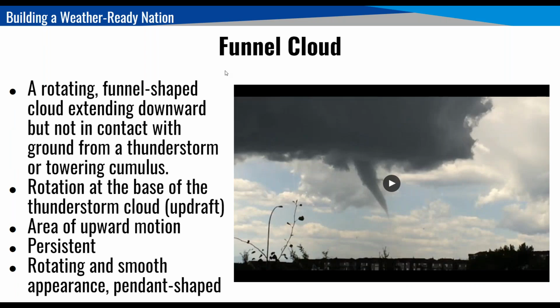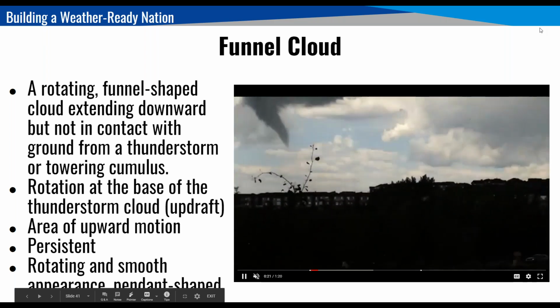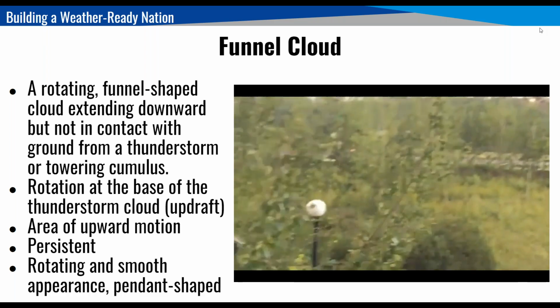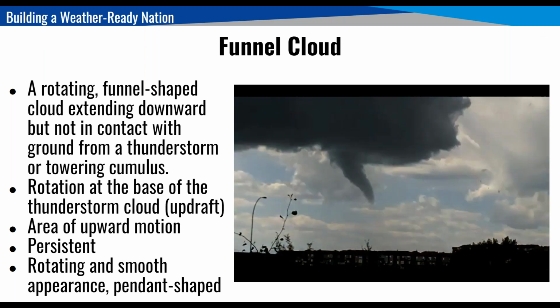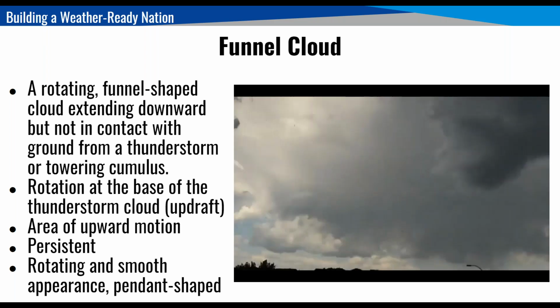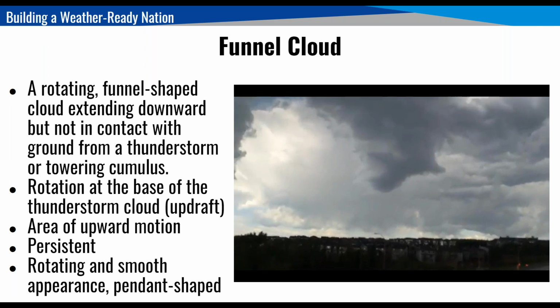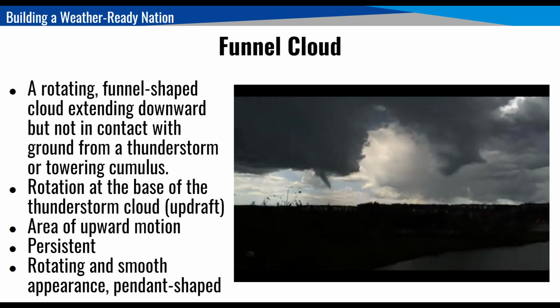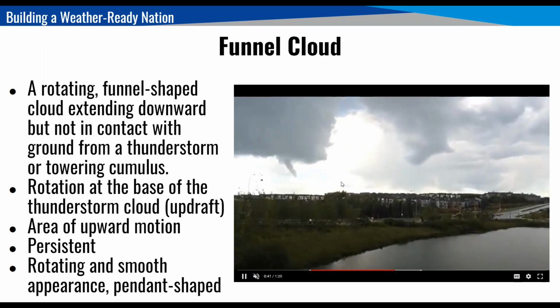The next storm feature that we'll discuss is a funnel cloud. A funnel cloud is a rotating funnel-shaped cloud extending downward, but it's not in contact with the ground. We want to make sure that when identifying a funnel cloud, it is rotating at the base of the thunderstorm cloud or the updraft, in an area of upward motion, and it's persistent with time.